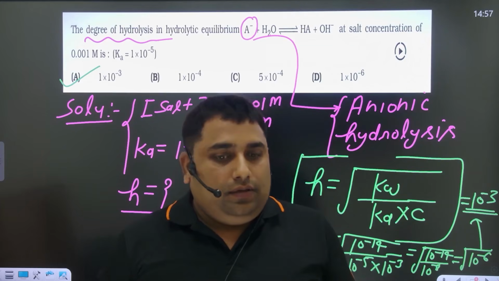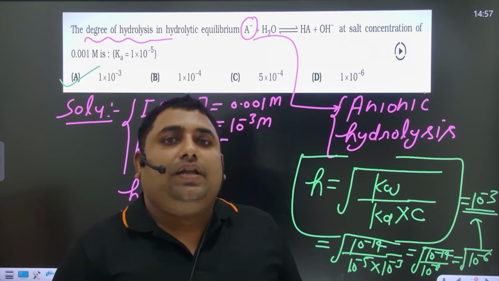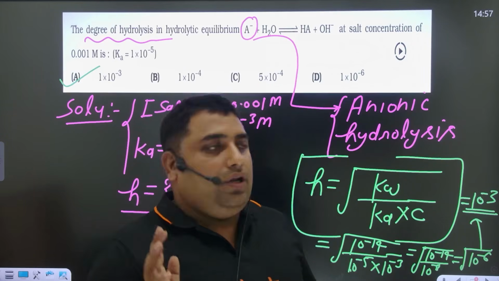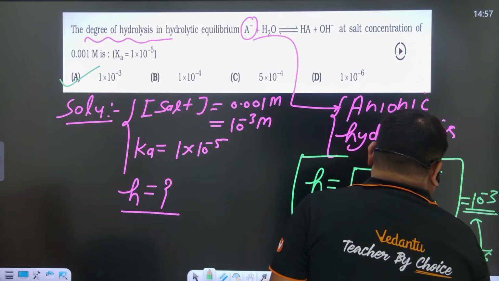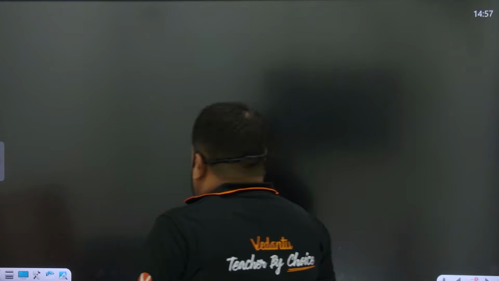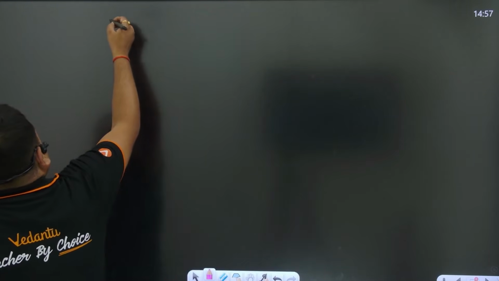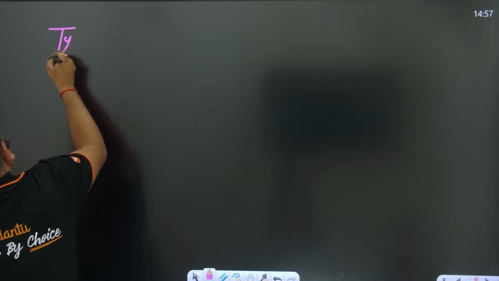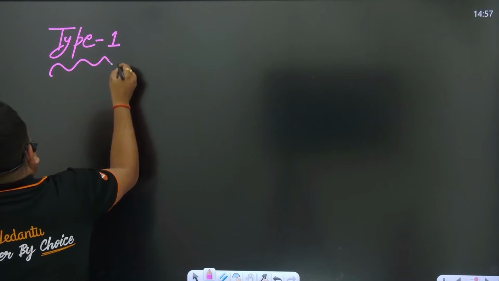Now we have to see the concept of solubility and solubility product. Which type of questions are asked from solubility and solubility product? Let us see. Type 1 question based on solubility and solubility product.